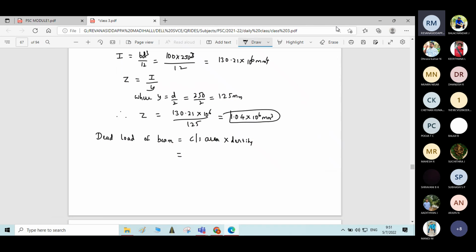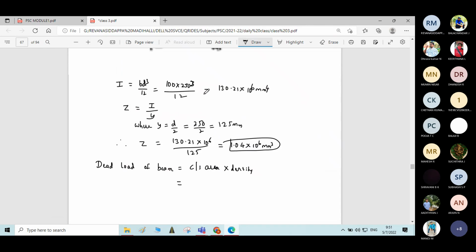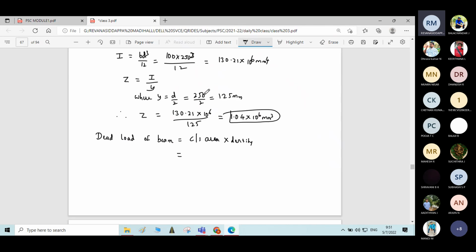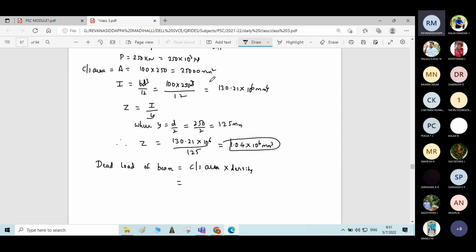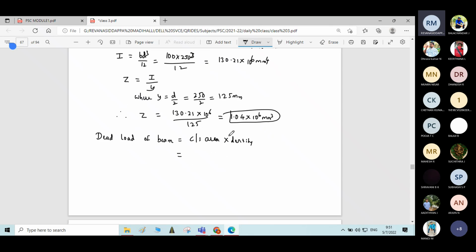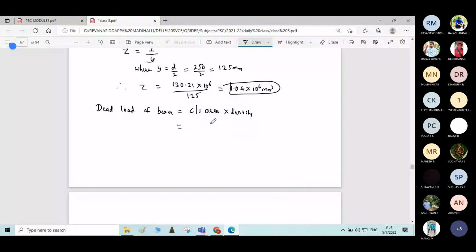Cross-sectional area is 25,000 mm square. Here you need to substitute area in terms of meter square, so it is 25,000 into 10 power minus 6 meter square, because density is in terms of kilonewton per meter cube.